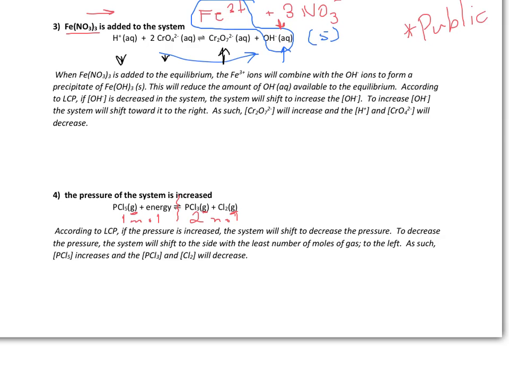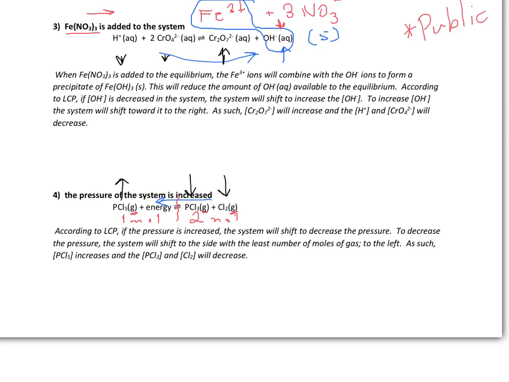If the pressure is increased, then the system's going to want to shift to decrease the pressure. And in order to decrease the pressure, it's going to shift to the side with fewer moles, or towards the left. Since it's shifting towards PCl5, PCl5 will increase, PCl3 and Cl2 will therefore decrease.